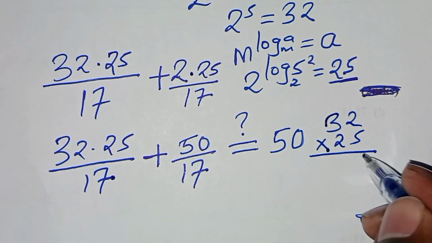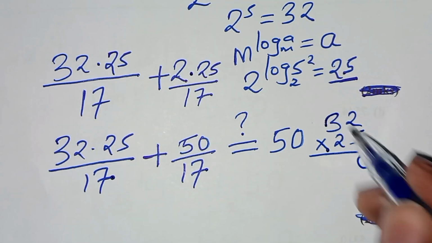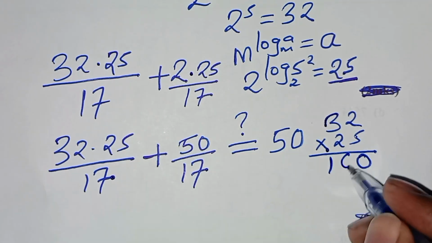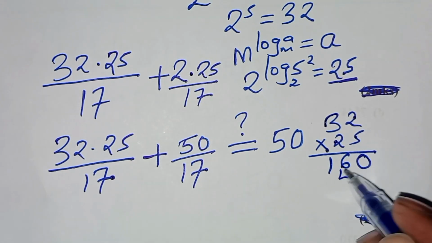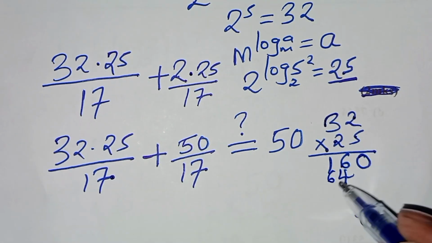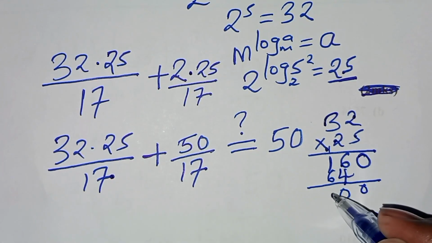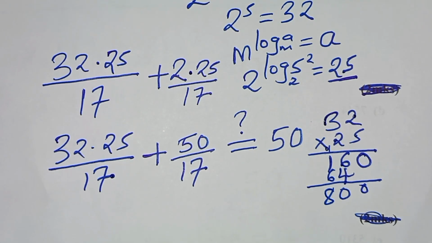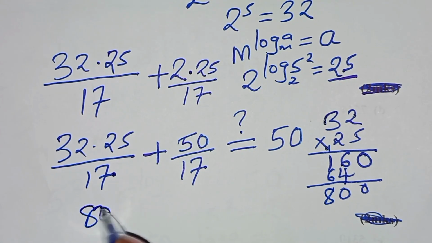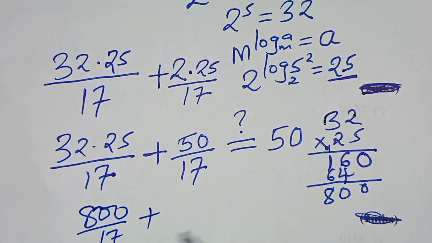This is 5 times 2, this is 10, 0 carry 1. 5 times 3, which is 15, plus 1, 16. 2 times 2, this is 4. 3 times 2, this is 6. So this is actually equal to 800. So we have 800 over 17 plus 50 over 17.